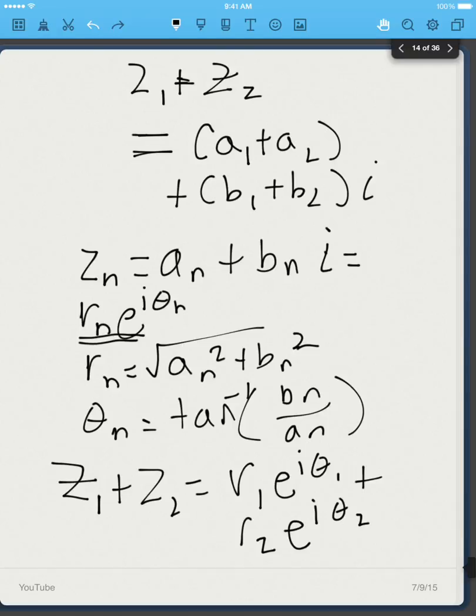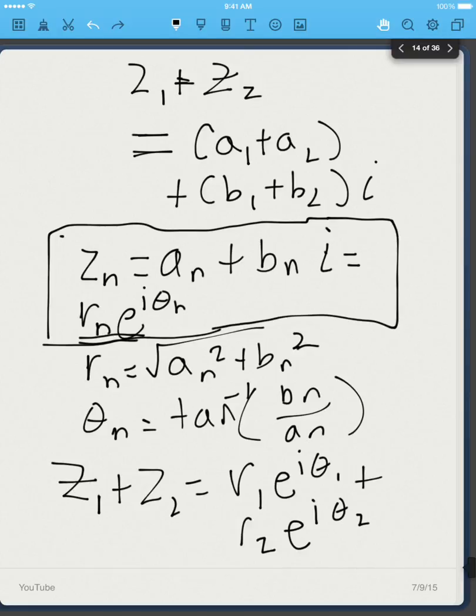So that's just a different way to represent them, and you could represent these exponentials in one more step as trigonometric, because e to the i theta is equal to cosine theta plus i sine theta. So really this form, using this trick that the complex number can be represented as a complex exponential, is more helpful for multiplication and division.